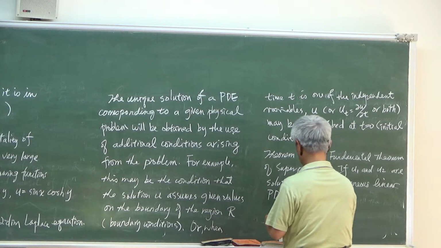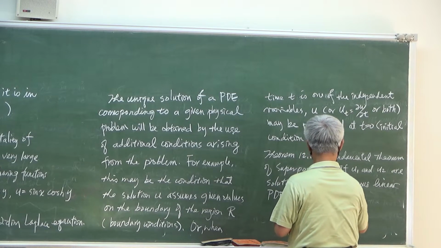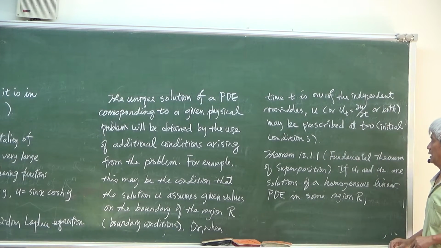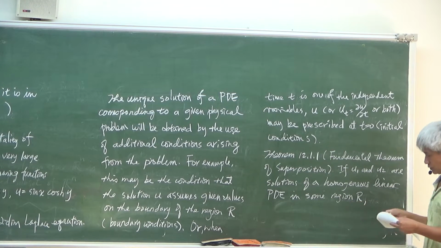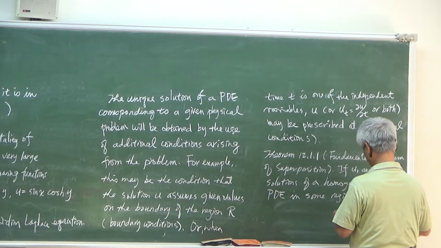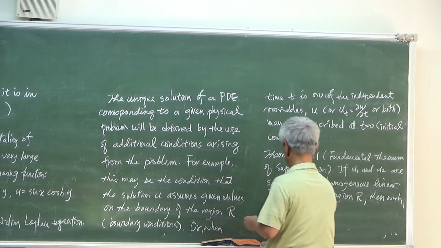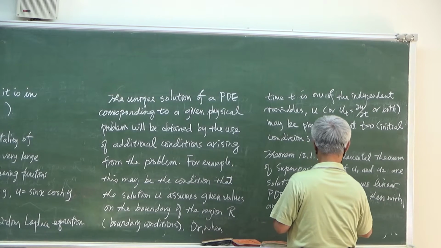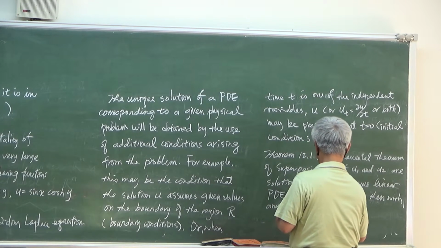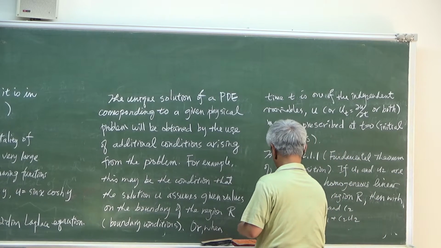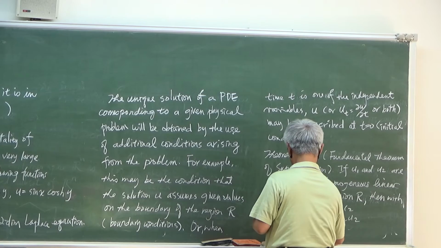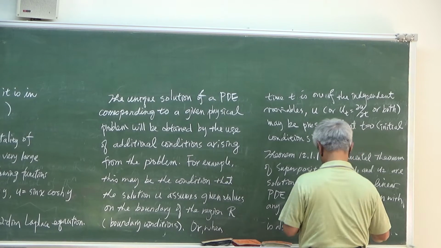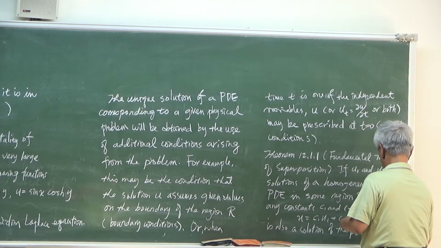PDE in some region. So suppose we have two solutions of a homogeneous linear PDE in some region, then with any constants C1 and C2, U equal to C1 U1 plus C2 U2 is also a solution of the PDE in the region.